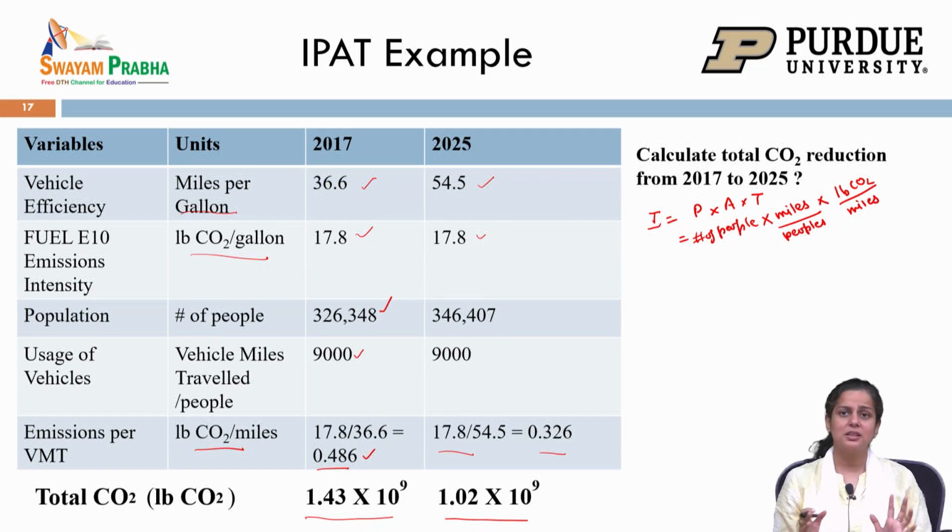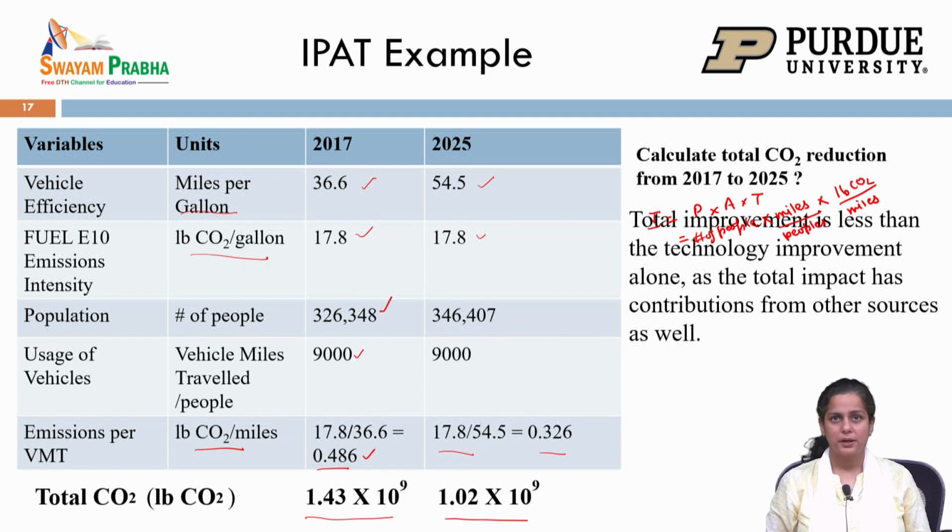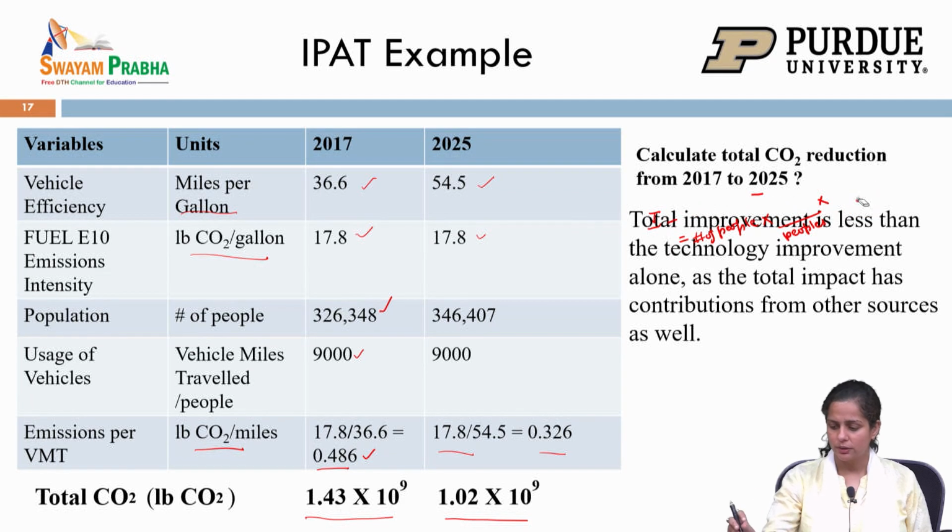So, yes, there is a reduction in the total CO2 emissions due to driving, but your total improvement is actually less than the technology improvement alone, as the total impact has contributions from other sources as well.